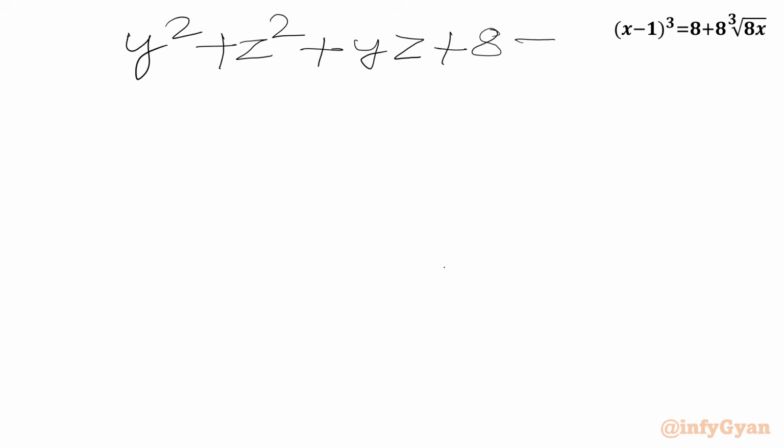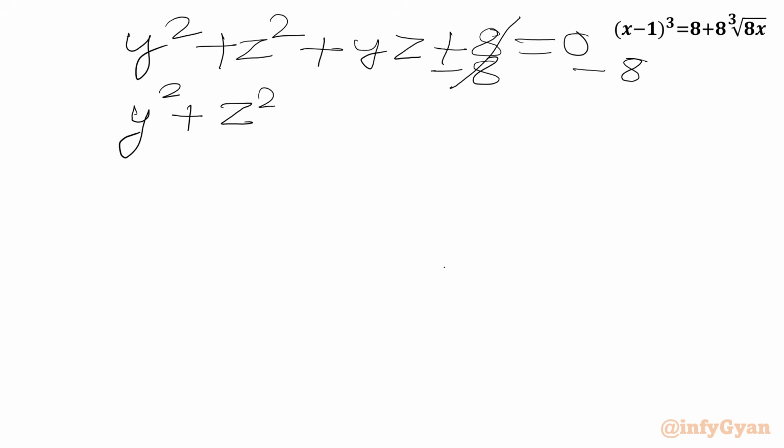equal to 0. Now we'll subtract 8 from both sides. So we'll write minus 8, plus 8 and minus 8 will cancel. We'll write y square plus z square plus yz equal to negative 8. Now we are going to multiply this equation by 4 on both sides.